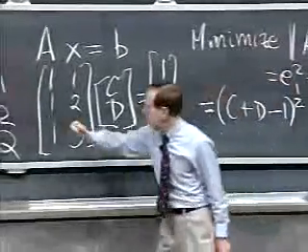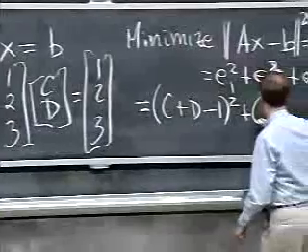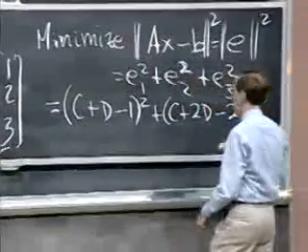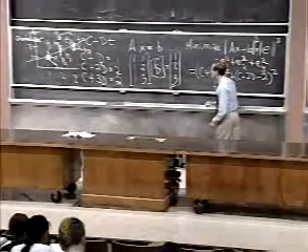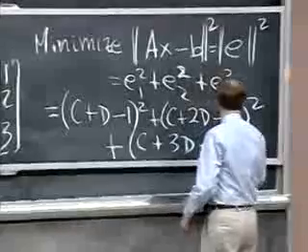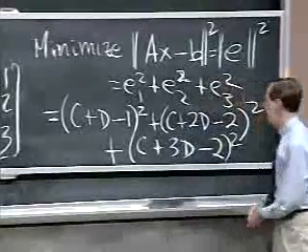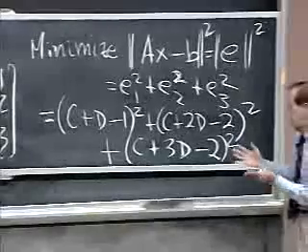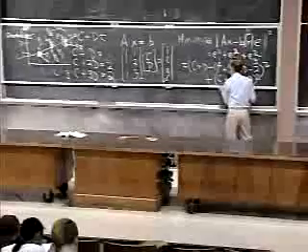And the second error is what I miss in the second equation: C plus 2D minus 2, squared. And the third error squared is C plus 3D minus 2, squared. That's my overall squared error that I'm trying to minimize.